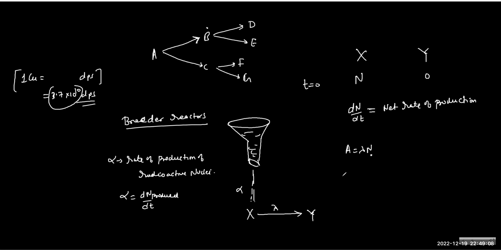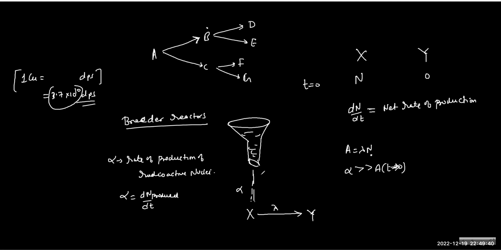So can we say that in the very beginning, alpha is much bigger than A? Yes. At t tends to 0, in the very initial condition, because the nuclei have not been produced, we cannot imagine any activity. So production is the only activity, I mean, production is the only event happening.